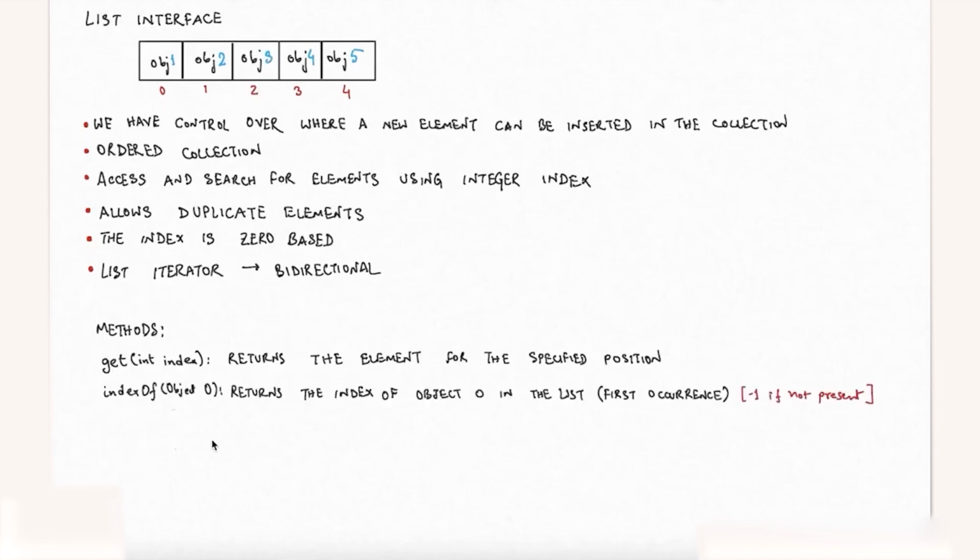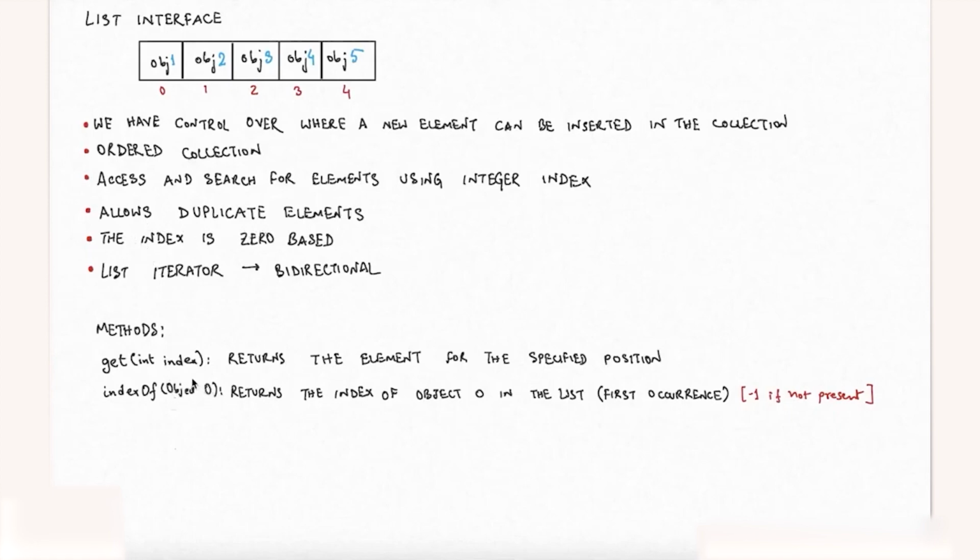The next method we're going to look at is indexOf. If you specify an object as a parameter of the indexOf method, it would return the index of that object in the list. But remember that a list can have multiple occurrences of the same object because a list allows duplicate elements, right?